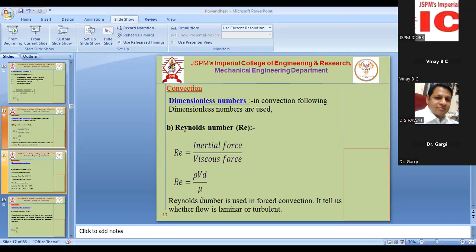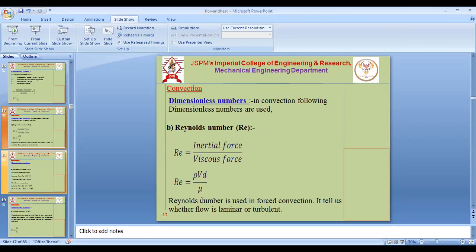Please understand. For today's discussion and tomorrow's discussion, Reynolds number is very important. It is the ratio of inertial force to viscous force. Inertial force is because of velocity, and viscous force is because of viscosity.